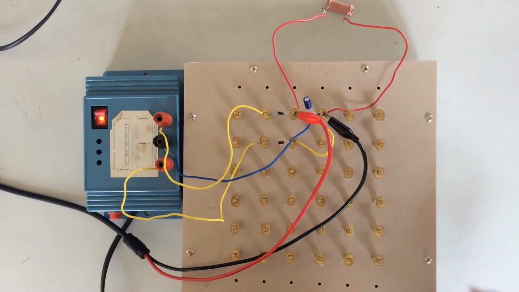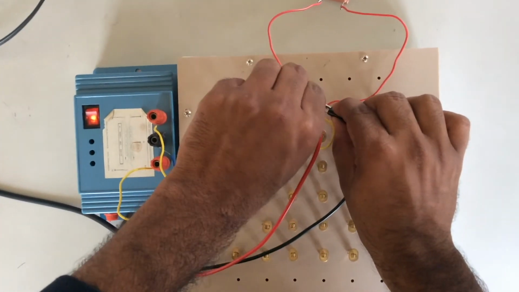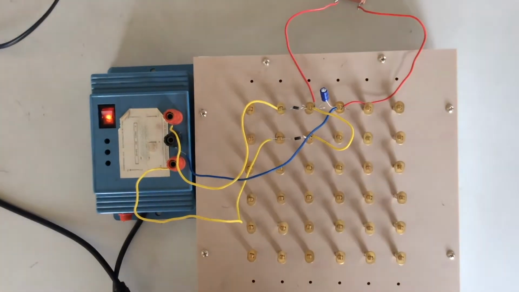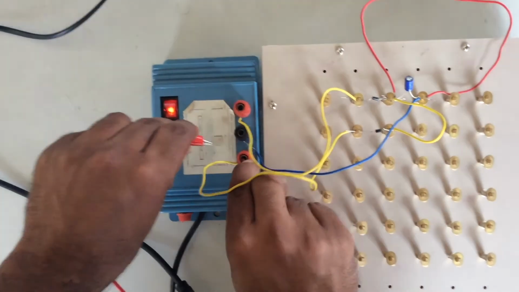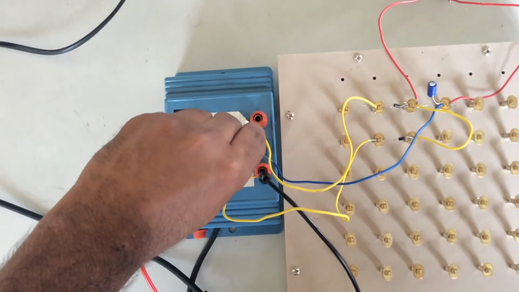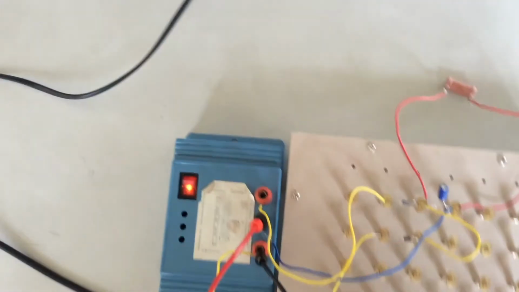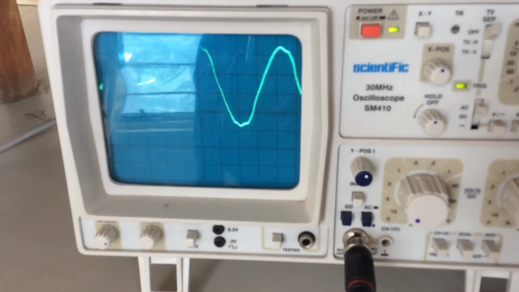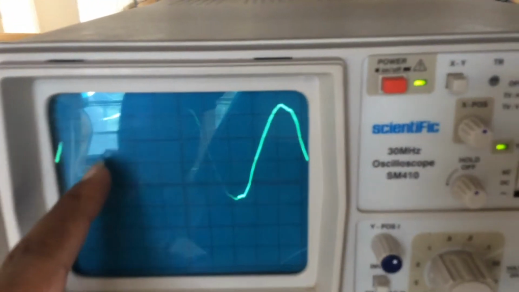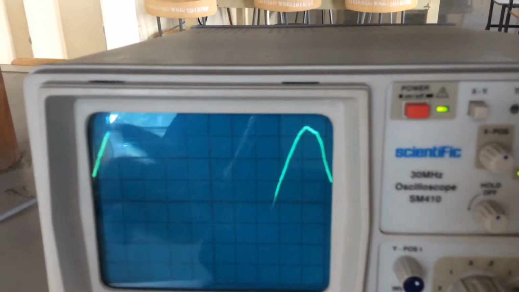Now let us see what input is given to this rectifier circuit. Again, the input is a purely sinusoidal waveform, which you can see in the CRO here. It contains both positive and negative cycles.